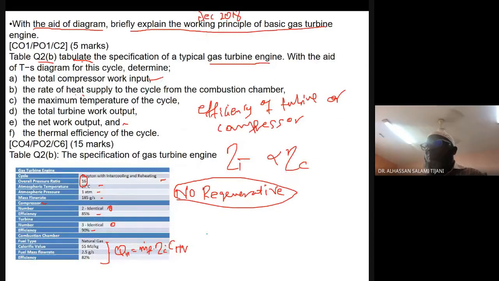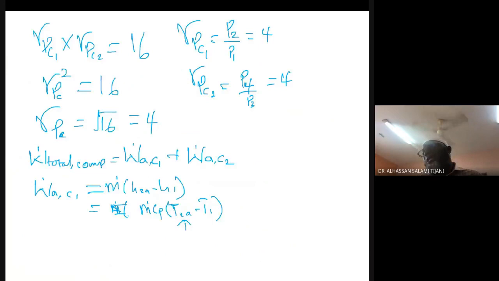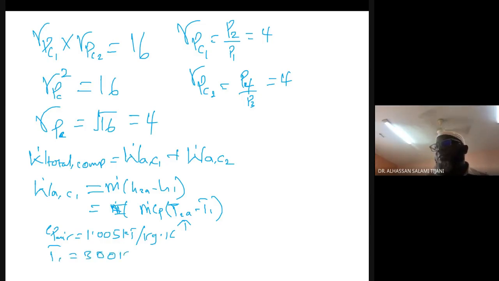Yes, T1 equals 27 degrees Celsius, so that is 300 Kelvin. Cp for air equals 1.005 kilojoules per kilogram per Kelvin.